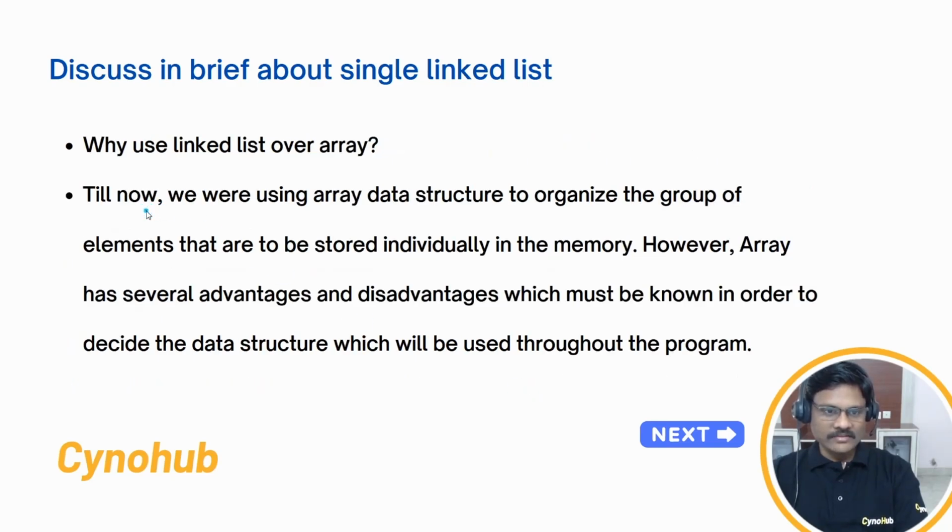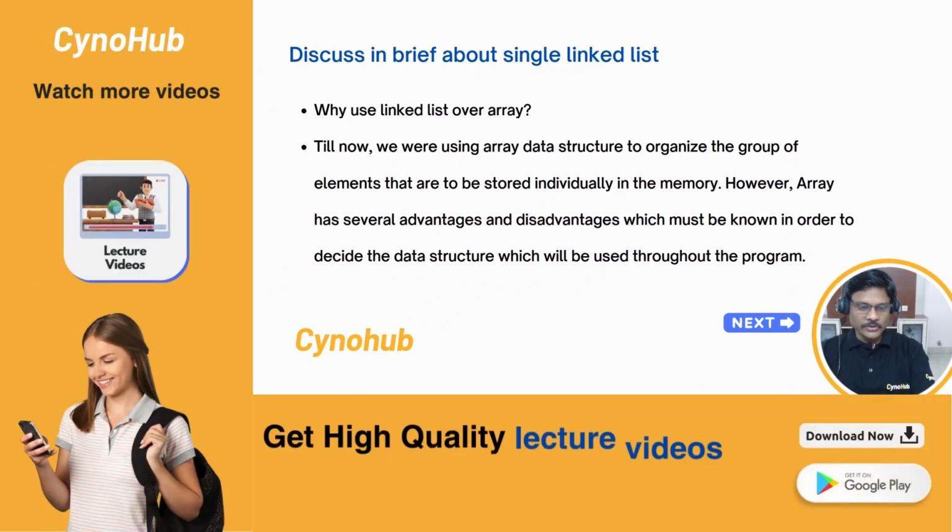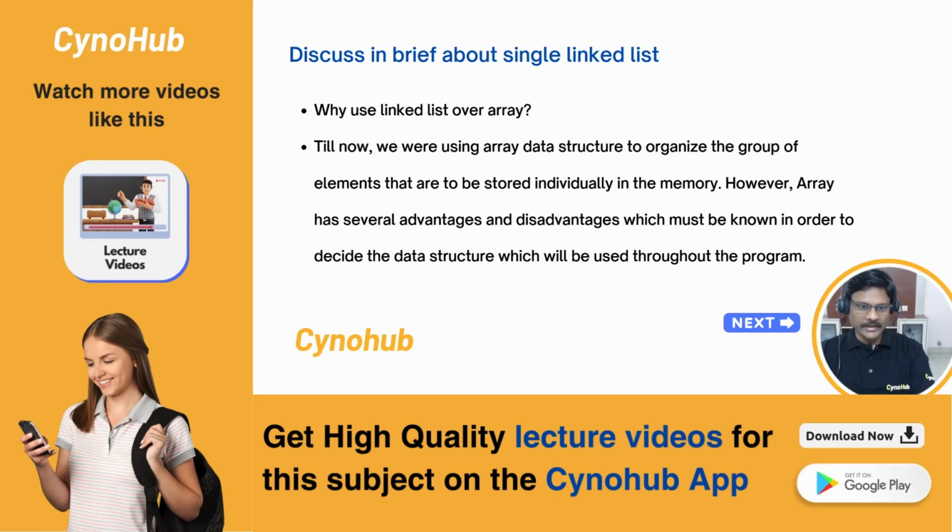What is the reason why we have to use a linked list over an array? We already know that an array is a static data structure, and even though we can implement an array using the malloc function, once that memory is full, you need to extend the memory in an array using the realloc function.